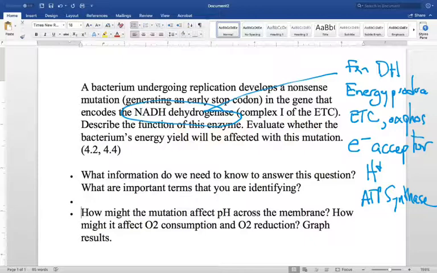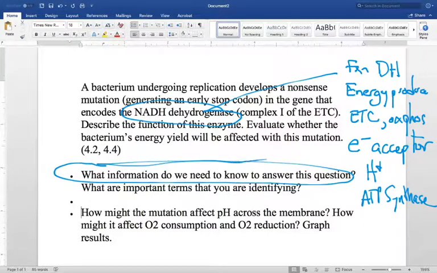So to really answer this question, these are the things that we need to be able to identify. The function of a dehydrogenase, how energy is produced, particularly through oxidative phosphorylation. What is the connection between the movement of electrons and hydrogen ions and ATP synthase? Those are the things that we need to address.